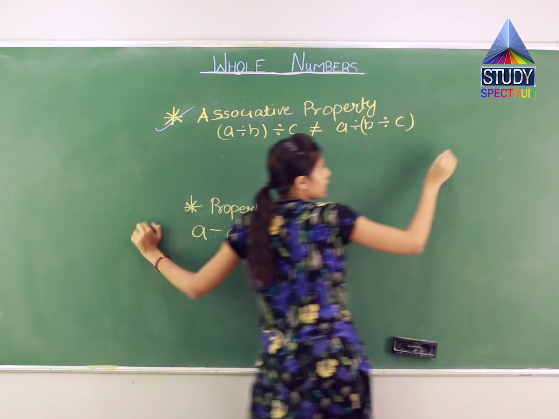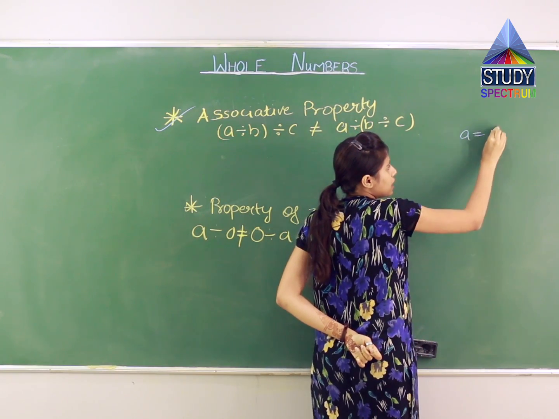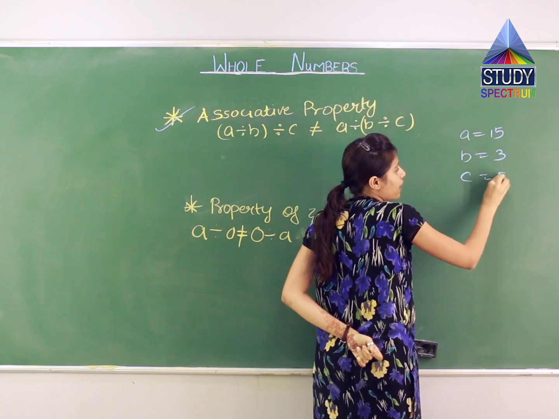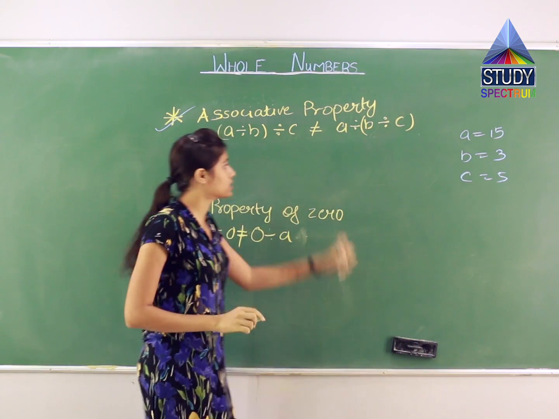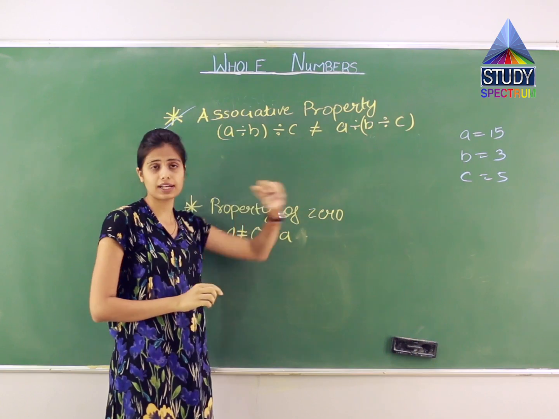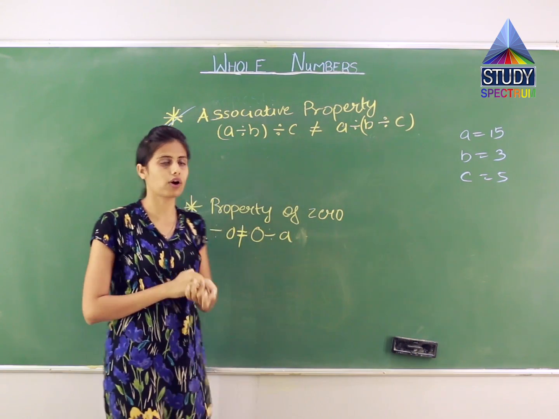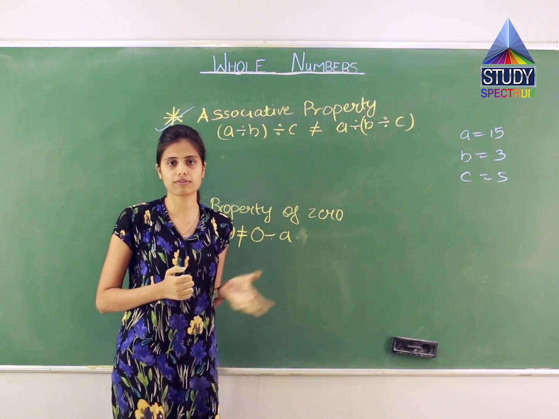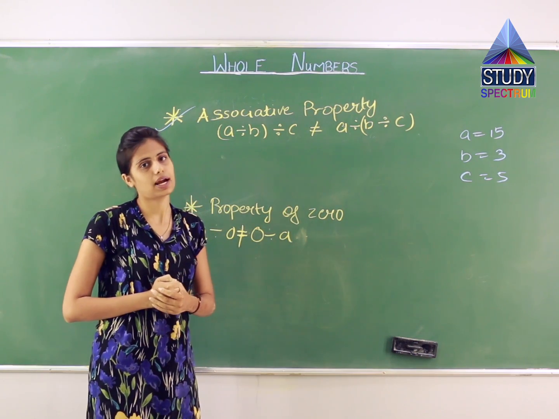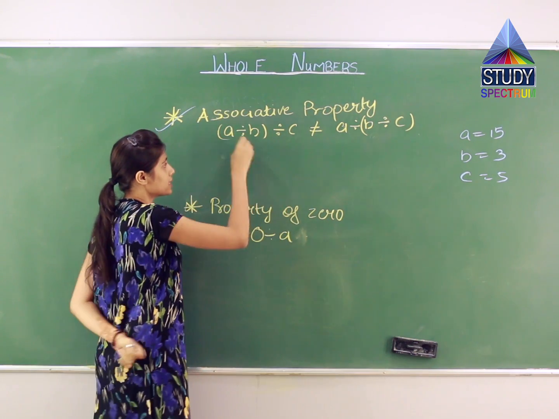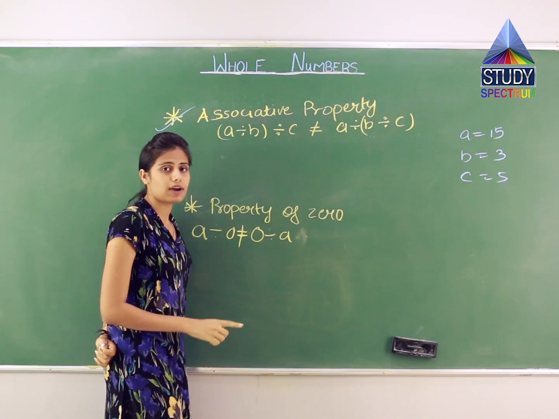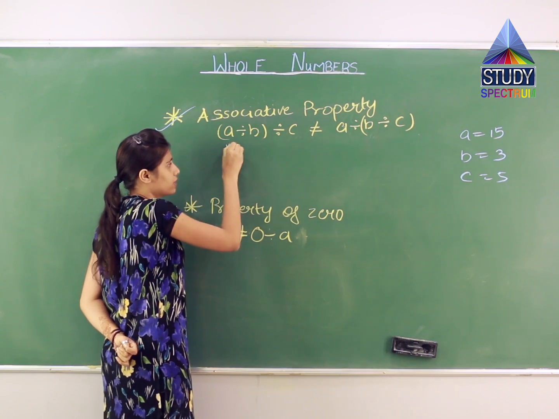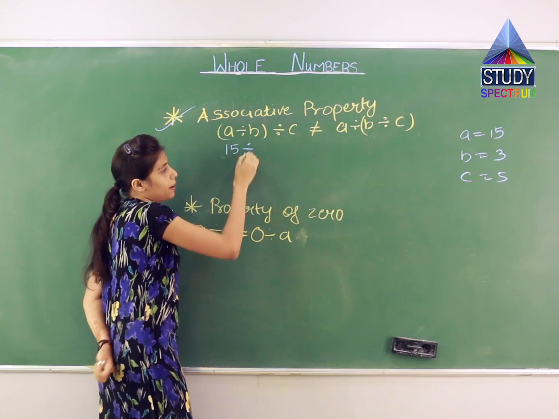If I say a is equal to 15, b is equal to 3 and c is equal to 5, placing these numbers in the formula, let us check whether the left hand side is equal to the right hand side or not. For the time being, I'll write equal to. Once we get the answer, we can change the equal to sign into not equal to. So, what is the value of a? The value of a is 15. So I'll replace a with 15 divided by b.